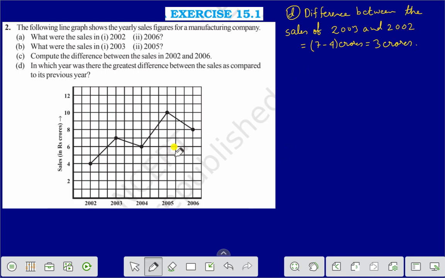Now the difference between the year 2003 and 2004.